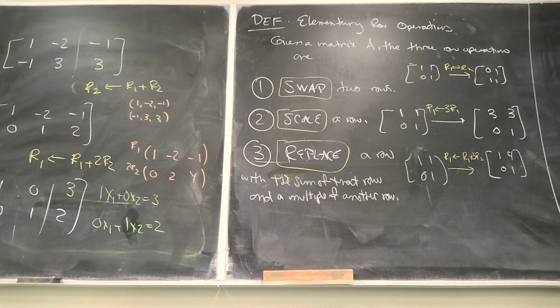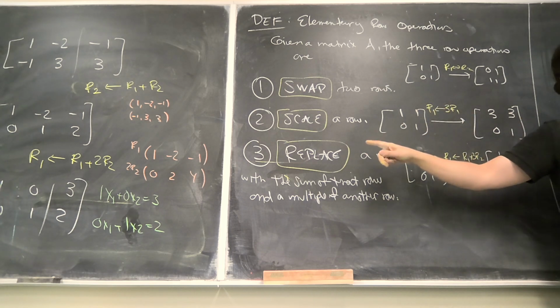What's the reason that you know you can do that? So the reason that this actually works, and I have to teach you about invertible matrices before I can make this rigorous, is that each one of these operations is actually multiplication by an invertible matrix.